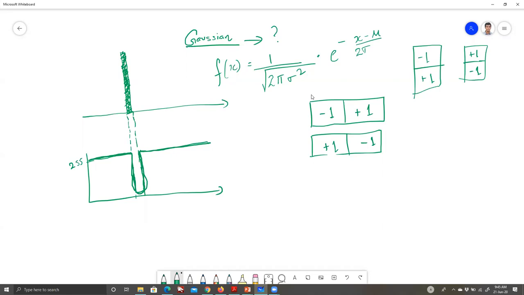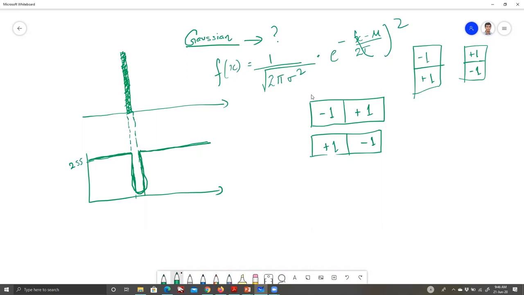Is this the correct equation or not? Basically, you can think of it like this: the whole thing has to be squared. That's it. Cool. If you remember this, that's a very good sign.